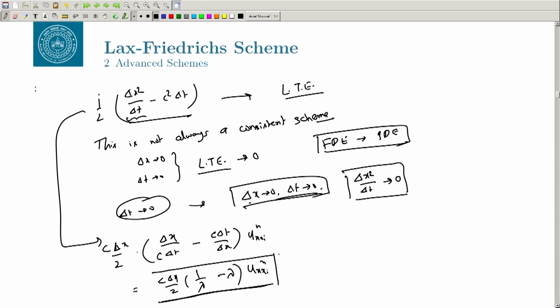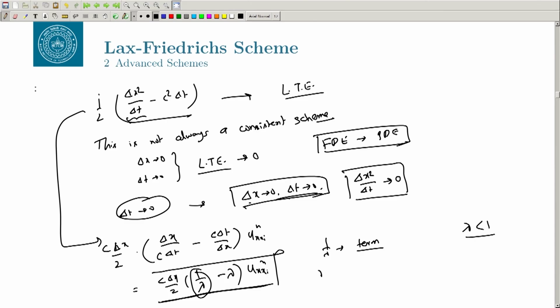The other interesting thing you can note is that this is a highly diffusive scheme. It is highly dissipative because of the presence of this 1 by lambda term. For stability we know that we want lambda to be less than 1.